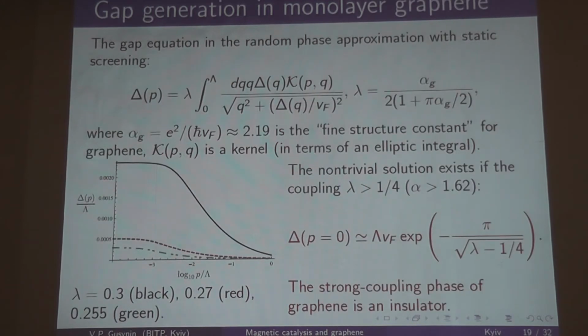Now, how does gap generation happen in graphene? This is the gap obtained in the ladder approximation, but instead of a number, generalizing the model, of course, we have the gap depending on the momentum. So the gap is not simply a constant, but depends on momentum.